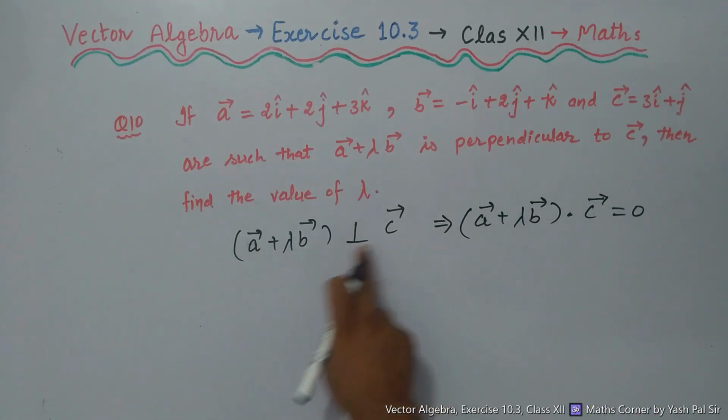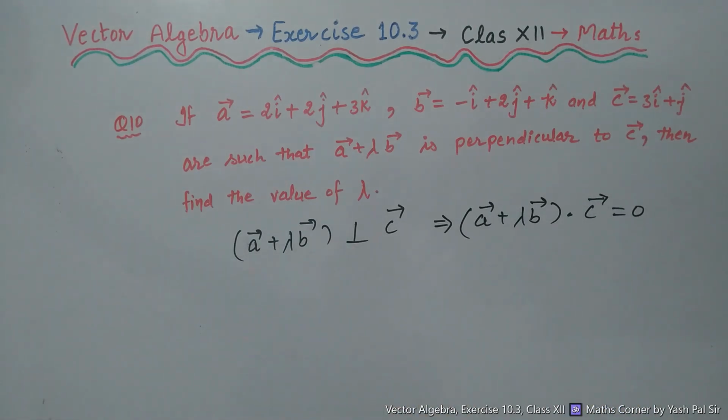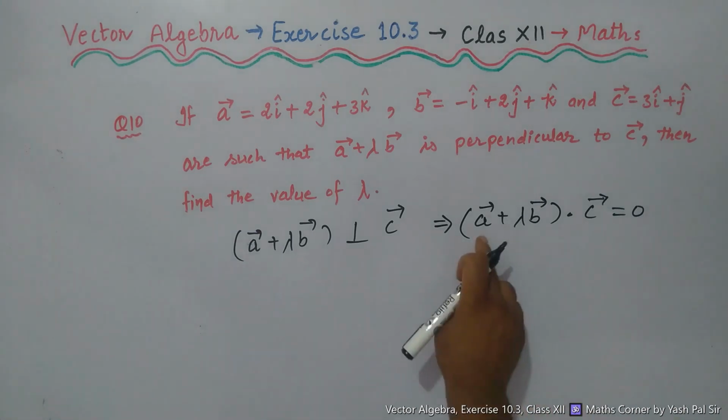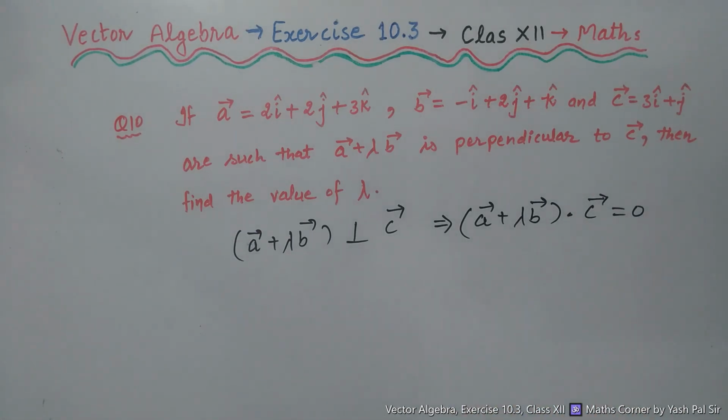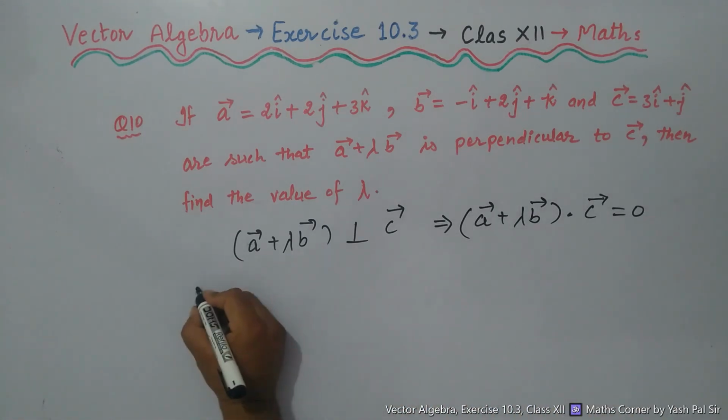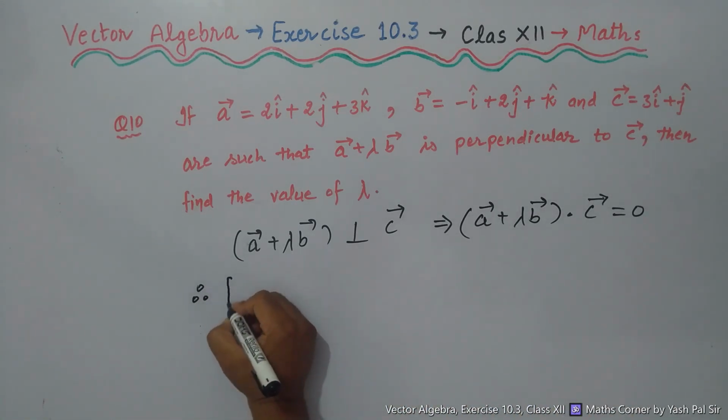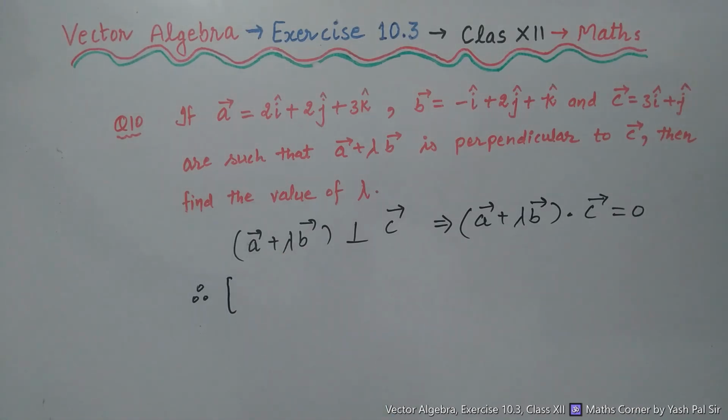If these two vectors are perpendicular to each other, it means the dot product between the two, a scalar quantity, is equal to 0.